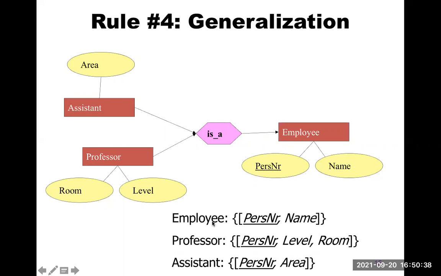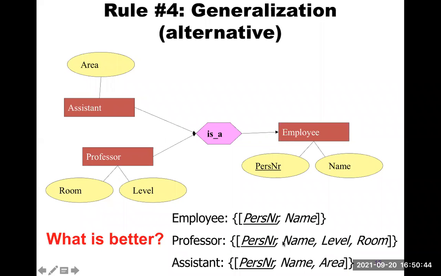And then I need to go to the employee table and search for name. Maybe it's better to merge them, but we can't merge them finally, as our system may keep data on other employees who are not professors and not assistants. So the employee table remains, but we merge the name field into professor.